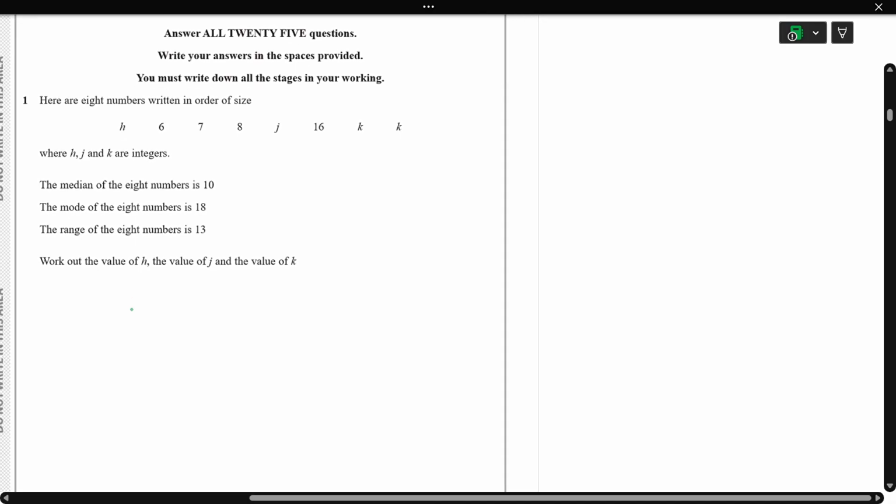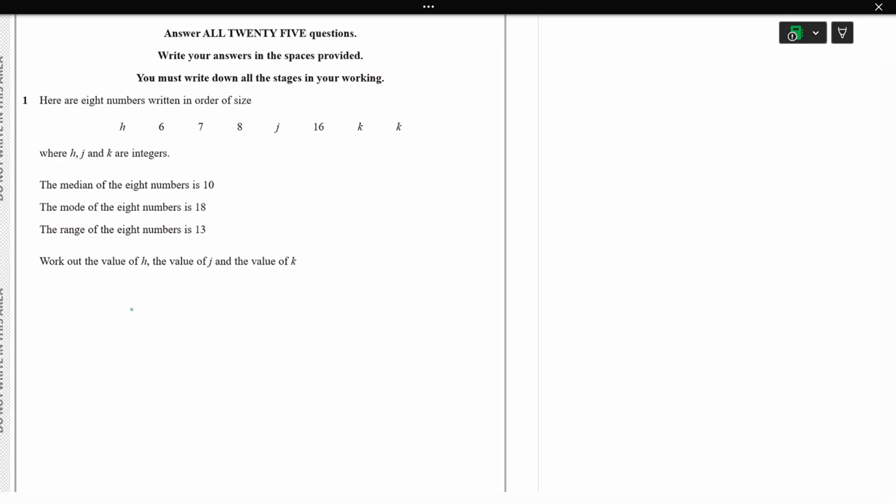Here are 8 numbers written in order of size: H, 6, 7, 8, J, 16, K and K, where H, J, K are integers. The median of the 8 numbers is 10. So the median is the middle value. Here there is an even number of data, so we need to take the mean of the two middle numbers, the 4th and 5th.